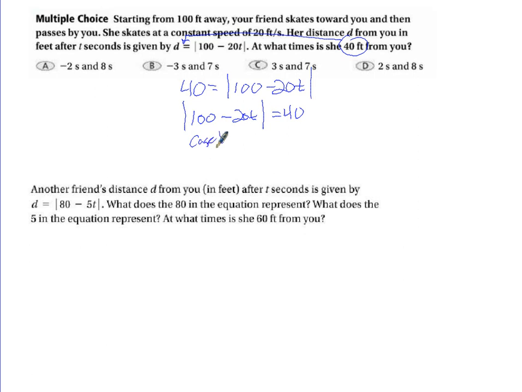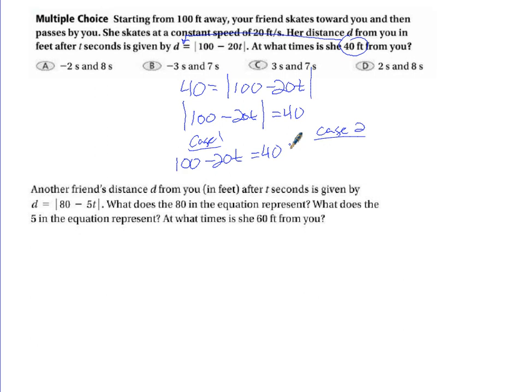Case 1, case 2. Case 1 will be the absolute value stuff. Nothing changes. 100 minus 20t equals, keep the answer the same, 40.